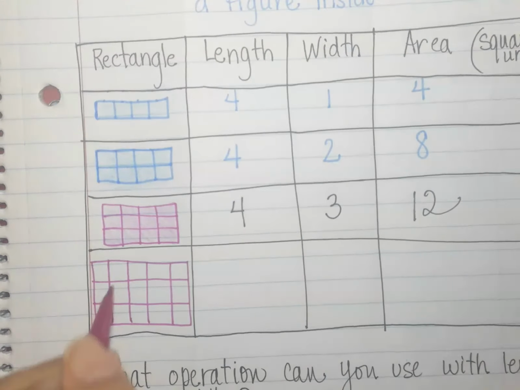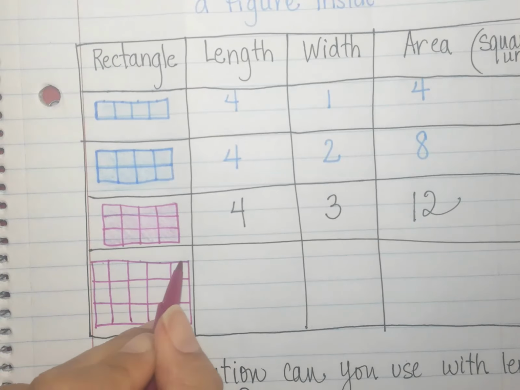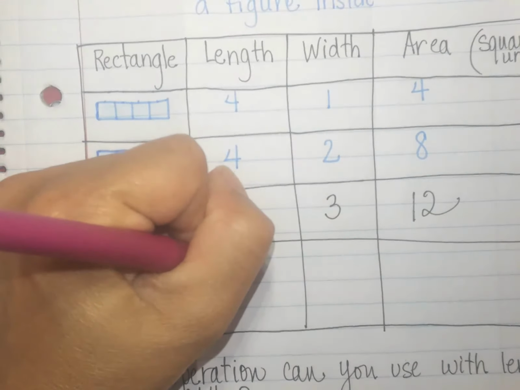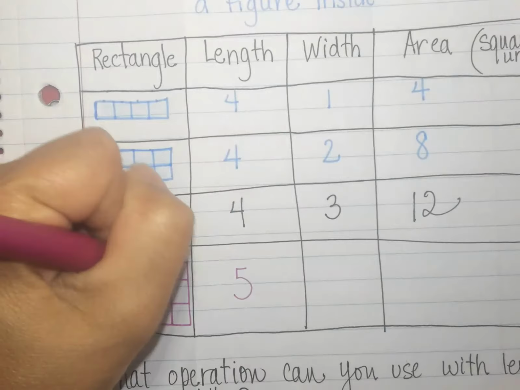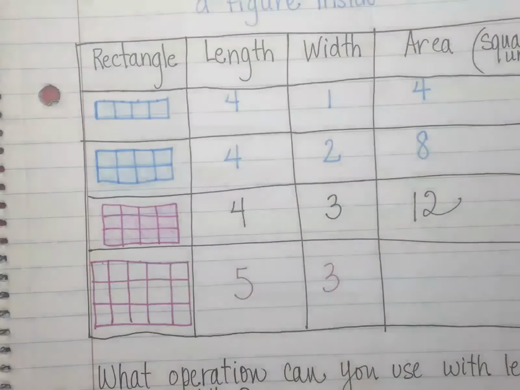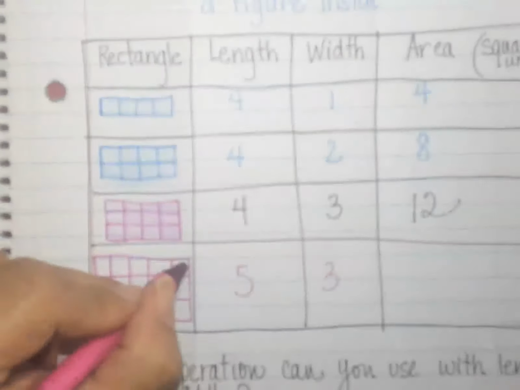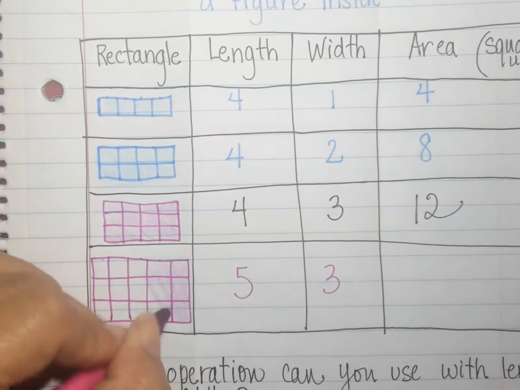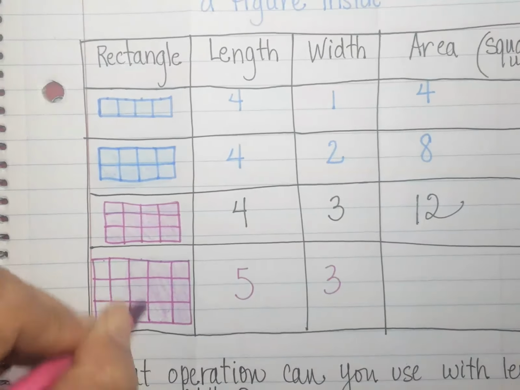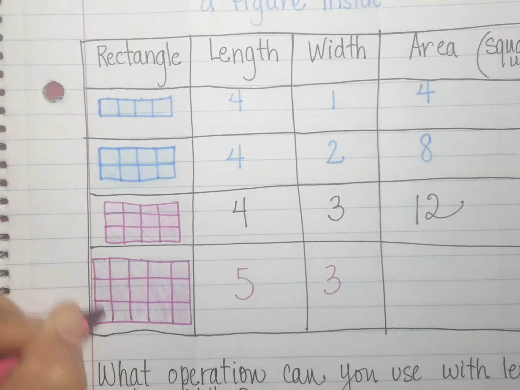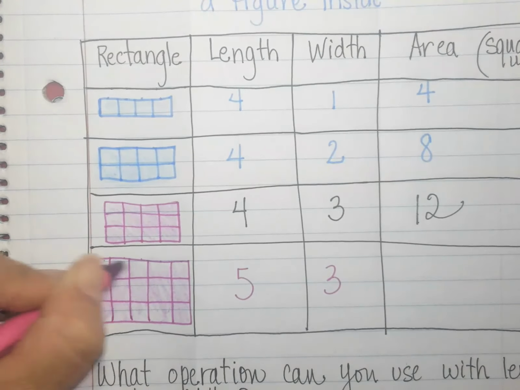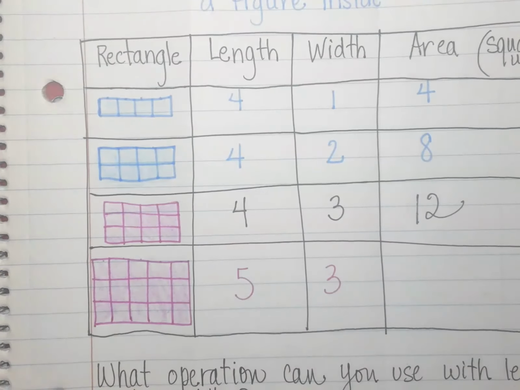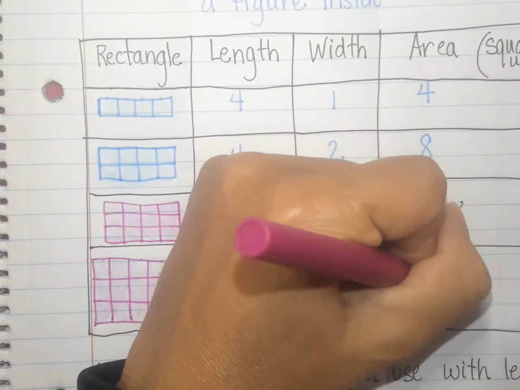Okay, I have 1, 2, 3, 4, 5 units in length, 3 units in width. I count them. 3, 6, 9, 12, 15. And that's my answer.